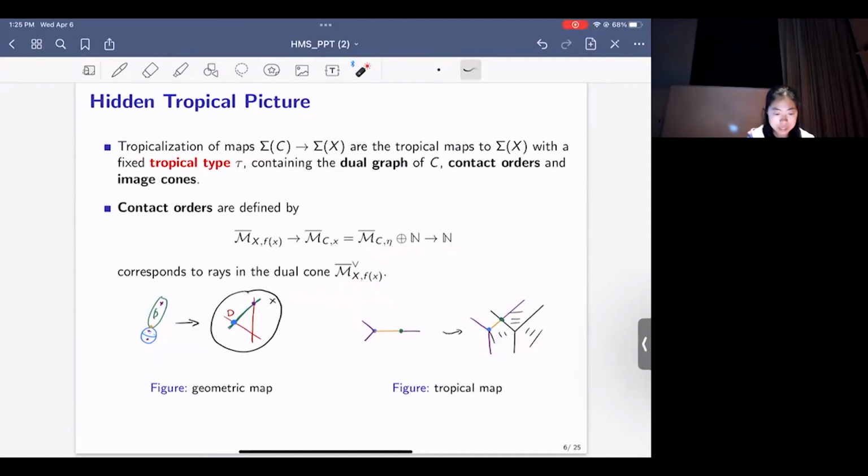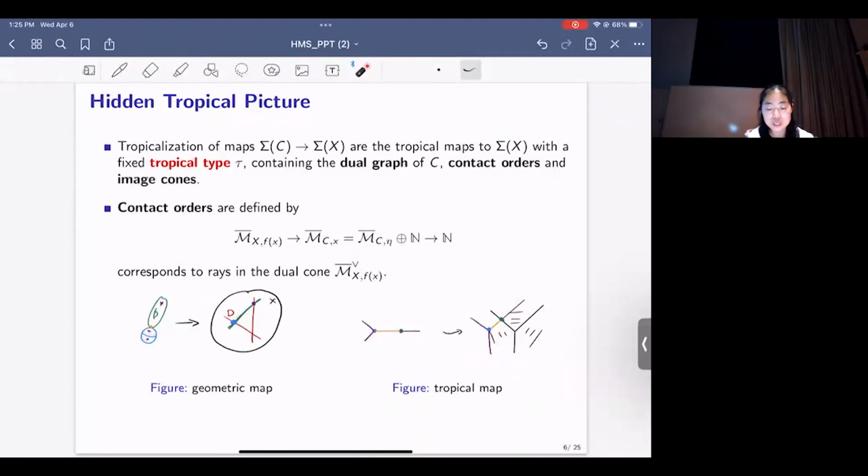So here is an example where we map this genus 1 component onto this curve, and we contract this rational curve with 3 special points to this point.